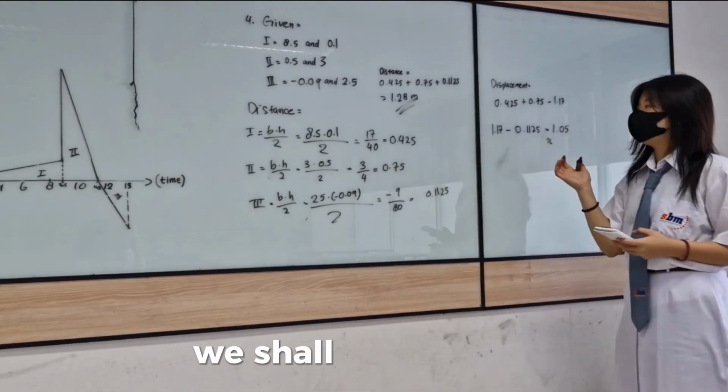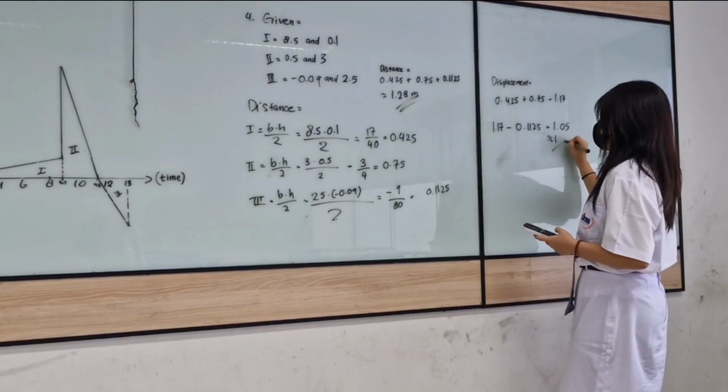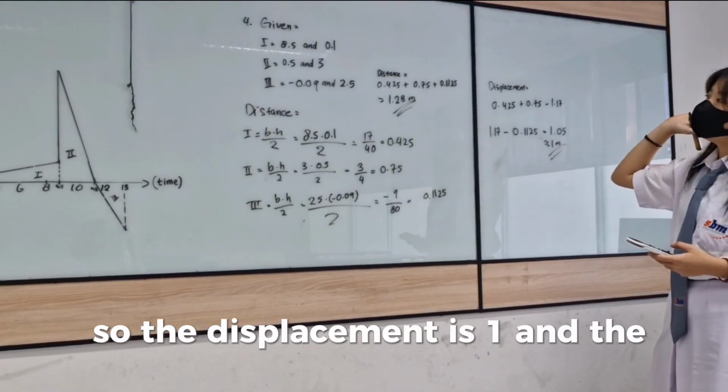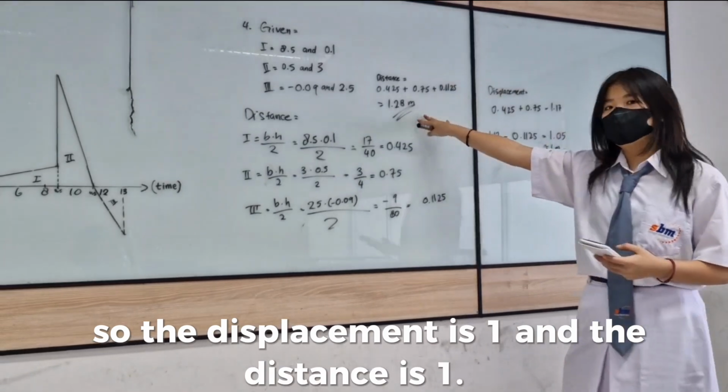We should round it to 1. So the displacement is 1 and the distance is 1.28.